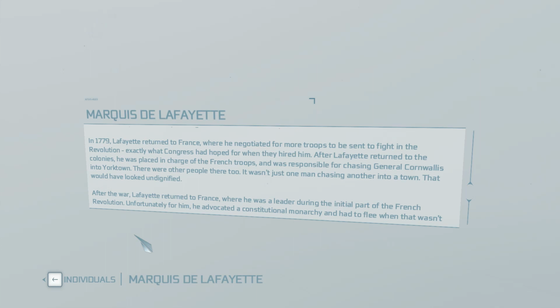After the war, Lafayette returned to France, where he was a leader during the initial part of the French Revolution. Unfortunately for him, he advocated a constitutional monarchy and had to flee when that wasn't enough to satisfy the general populace. He returned to the United States in 1825 to commemorate the 50th anniversary of the Revolution, and was greeted by adoring crowds.